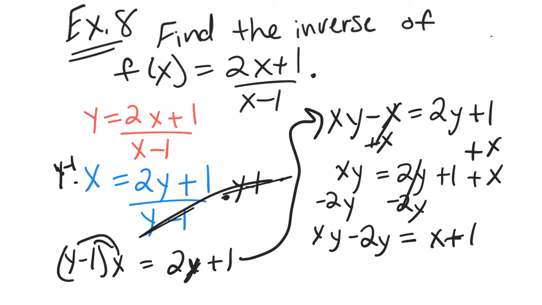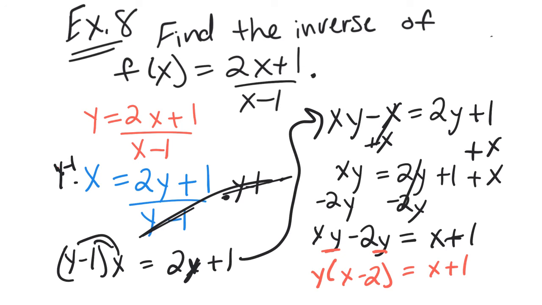From here, we want to factor out something on the left side. You notice we have a y in each of these terms. We can factor out a y, and we're left with x minus 2. On the right side, we still have our x plus 1. Guess what we're going to do?